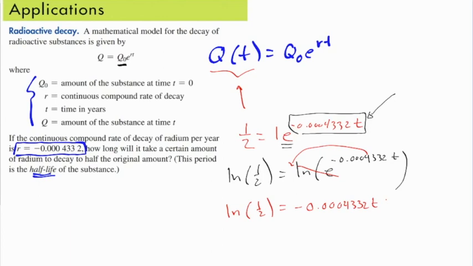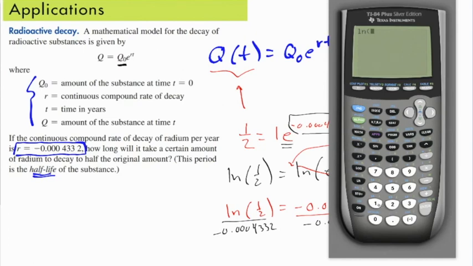So now we can divide by the coefficient of the t value, and we'll enter natural log of 1 divided by 2, hit enter, and then divide that by negative 0.0004332, and we get 1600 years.